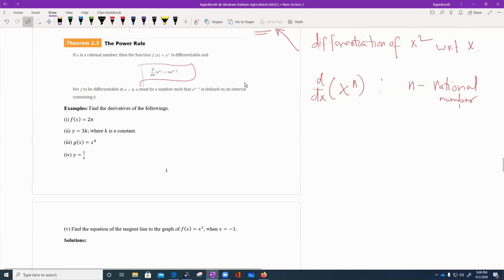Rational number means you could write that number in fraction form, a over b, where a and b are integers, maybe negative. These kinds of numbers are called rational numbers, okay?